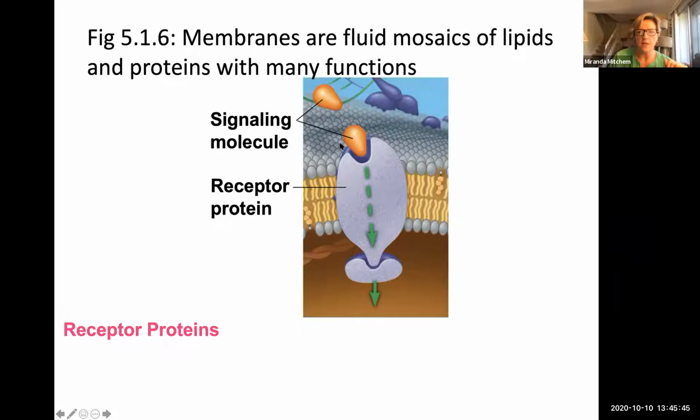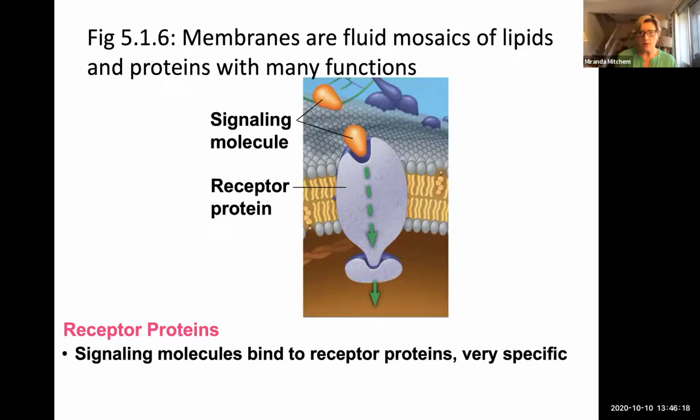The water-soluble signals that our body uses tend to bind to receptors like this, where they stay outside the cell. The signaling molecule doesn't come in. So it binds to the receptor protein, and then a message is sent inside the cell, resulting in some function. It could be the production of another protein or the activation of an enzyme.